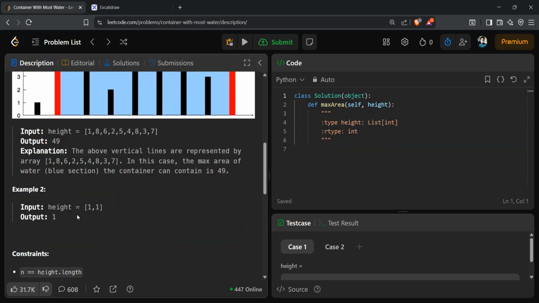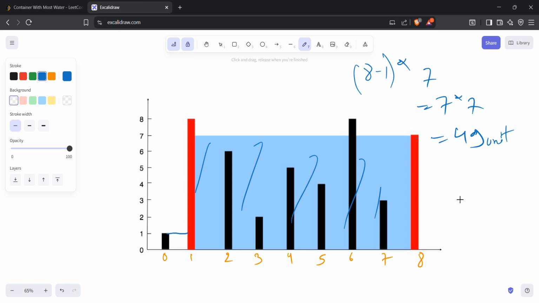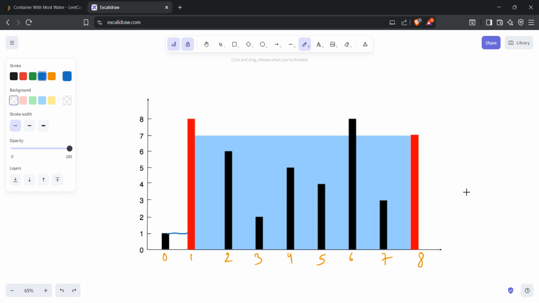Now how to calculate? To find the answer, we are going to solve this question by the approach of two pointers. We are going to initialize two pointers, left and right, here.